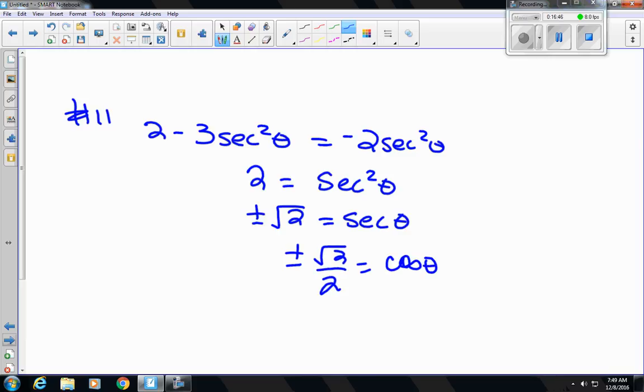And where is that? Pi over 4, 3 pi over 4, 5 pi over 4, and 7 pi over 4. Okay? Anytime you get like just root 2 or root 3 and you need to flip it, put it over a 1, and then flip it that way and rationalize it.